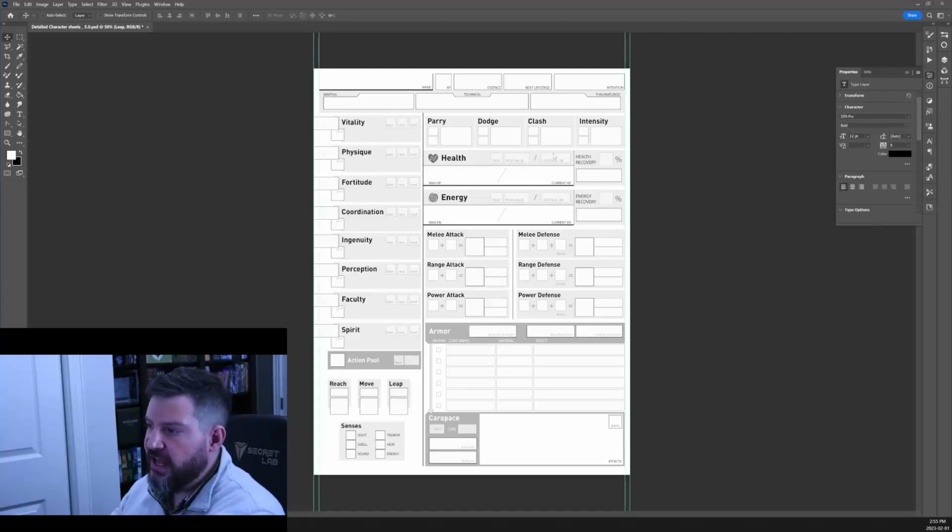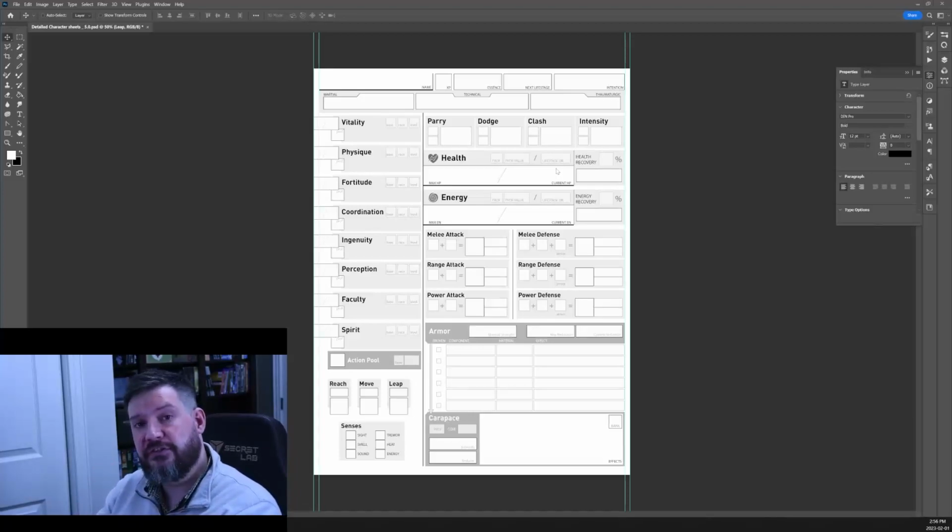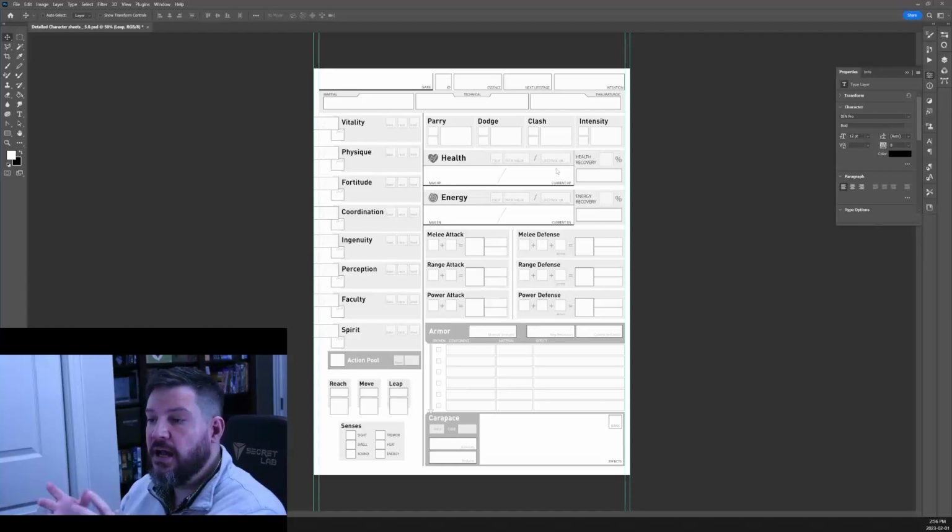Now there's a slash here and then another area that says life stage die. So your life stage determines what your energy and health die is. So if you are an adolescent, you may have a D12. And then as you're an adult, you're a D20. And then when you reach mid to late adulthood, you might drop back down to a 12.